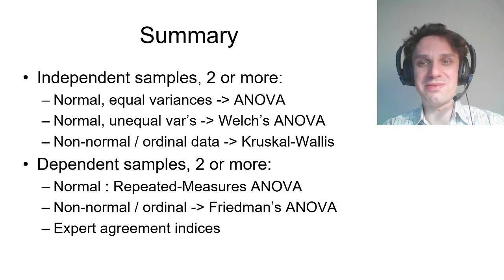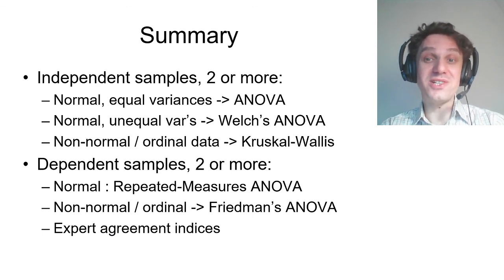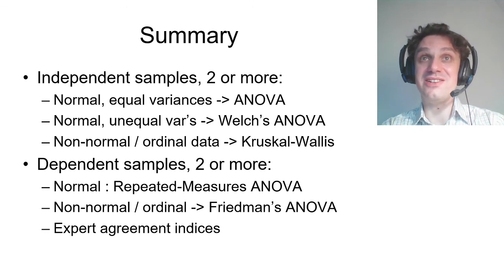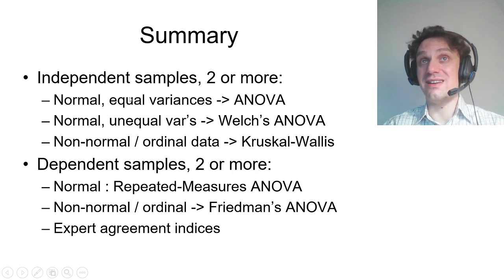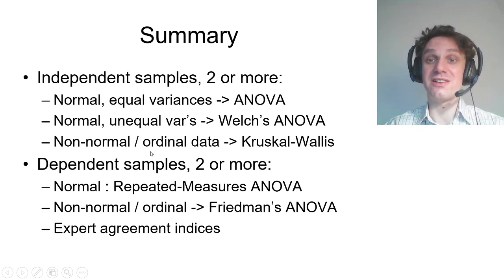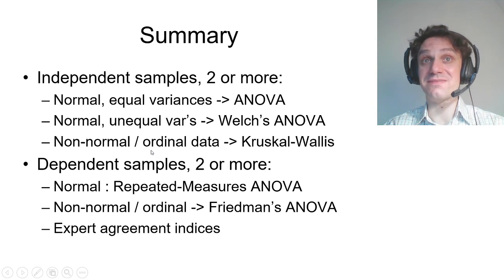So just to sum it up, if you have more than 2 independent samples, you can use either ANOVA if you have normal distribution, balanced groups with equal variances, or you can use Welch's ANOVA if you have unequal variances, or you can use Kruskal-Wallis if you have a non-normal distribution or ordinal scale.